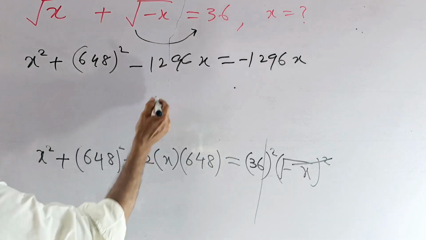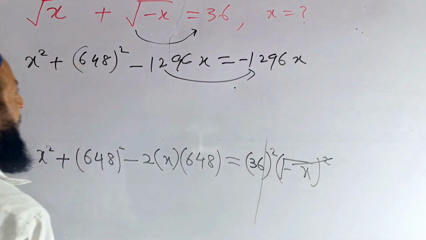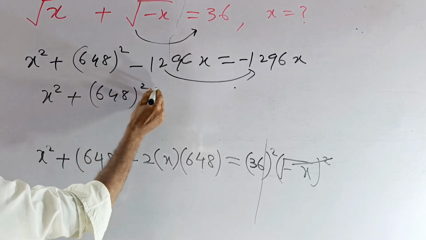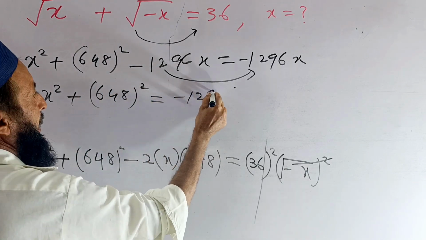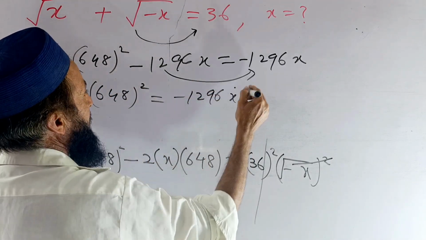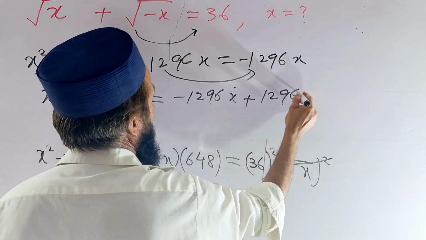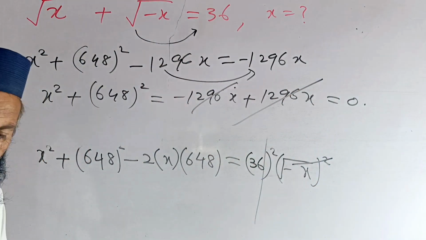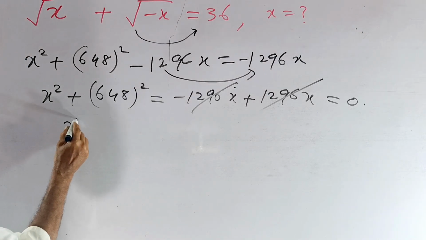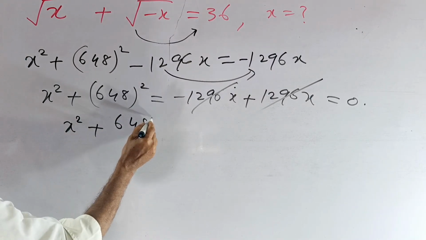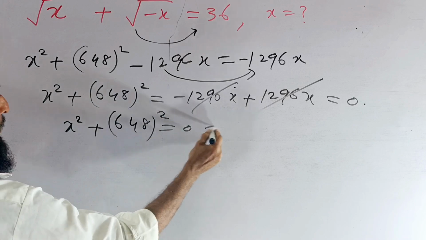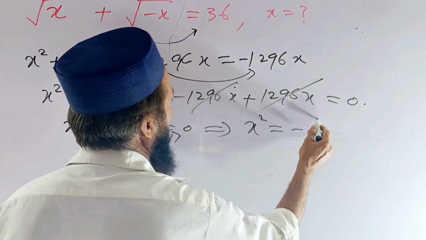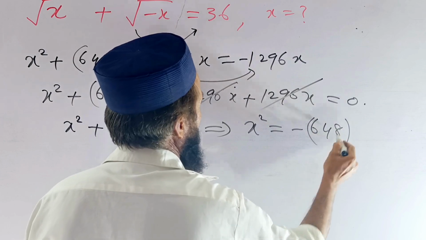Now if we transfer this result, both sides are x square plus 648 whole square is equal to minus 1296x, which will change to plus 1296x. Both are cancelled, we get 0. Here x square plus 648 whole square is equal to 0. If we transfer this result to the right side, x square is equal to minus 648 whole square.